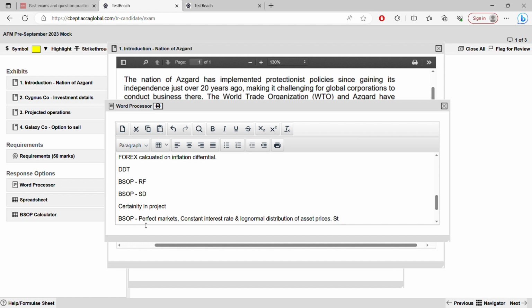Constant interest rate, logarithm, also constant standard deviation, and it's known. Next, underlying asset can be traded.